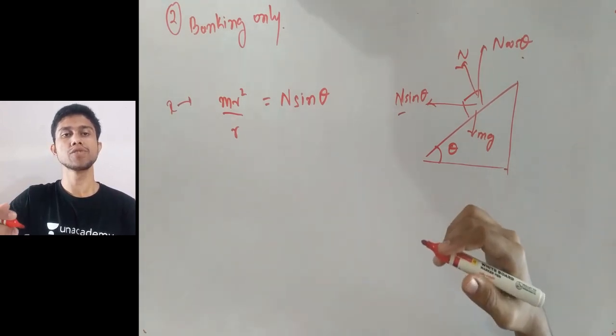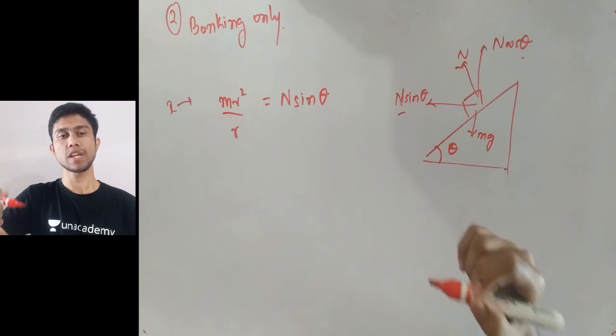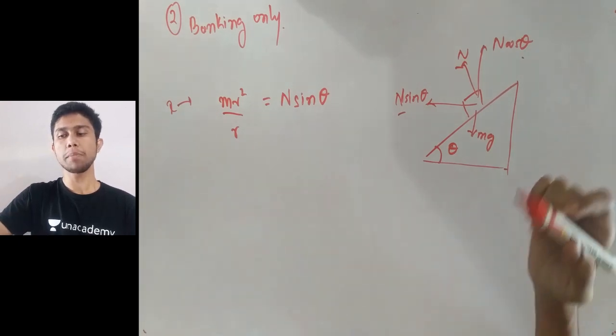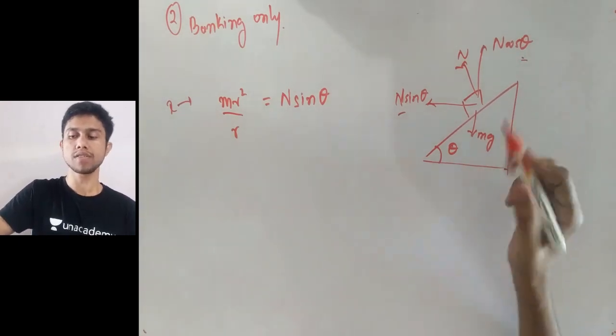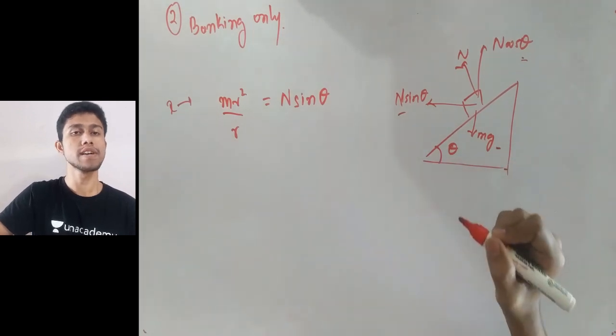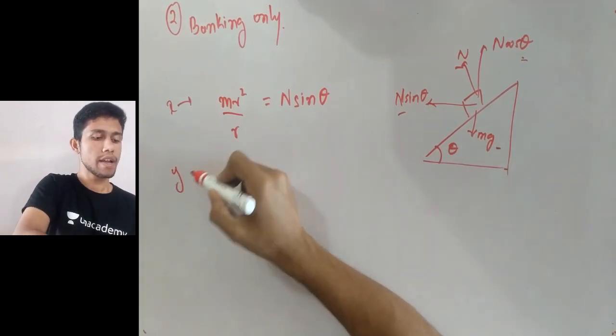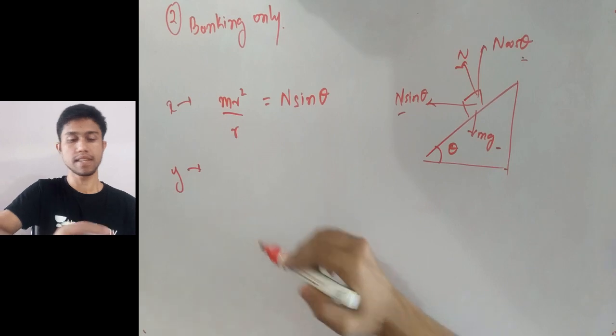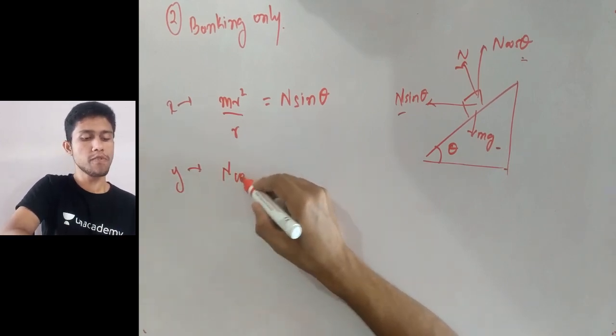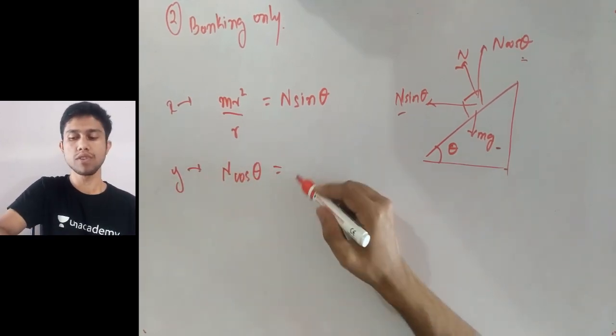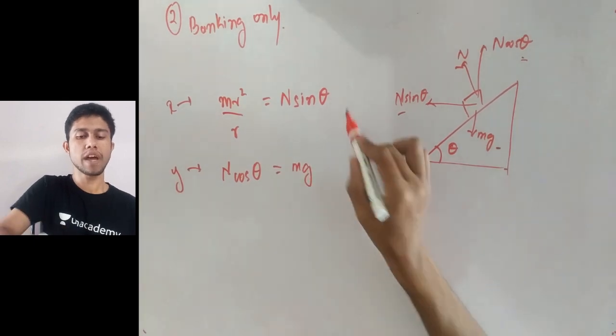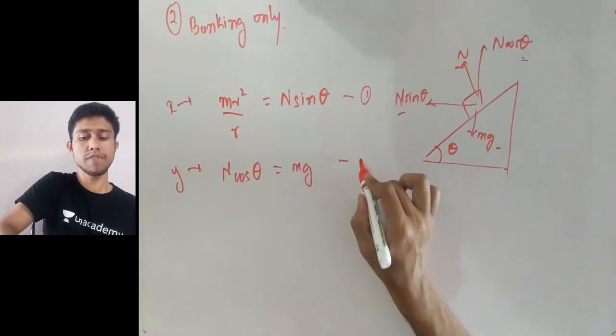It is not going up, it is not going down. This is only possible when the upward force, n cos theta, is equal to the downward force, mg. So in the y-axis the body is at rest, which means the two opposing forces, n cos theta and mg, should be equal. So we have these two equations.